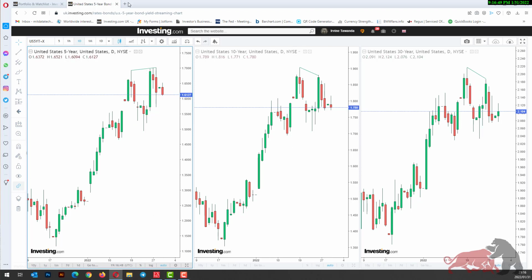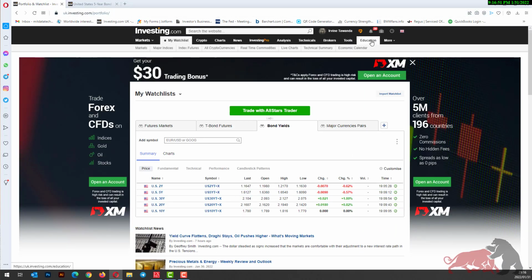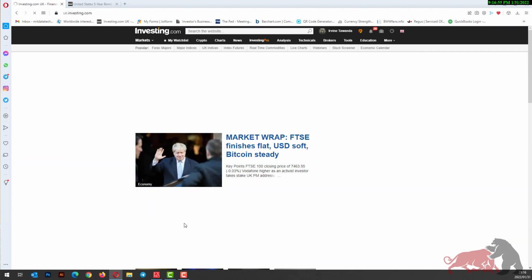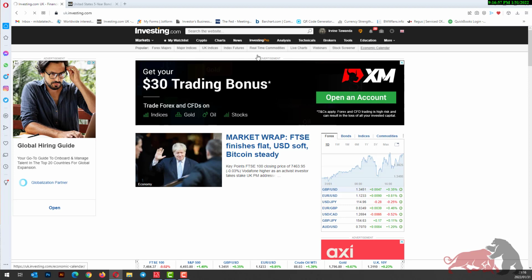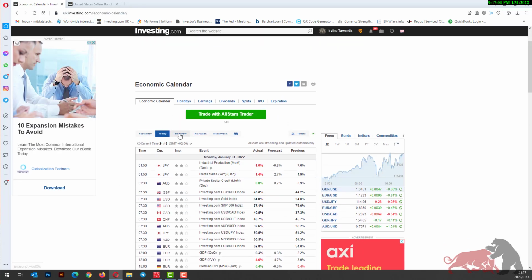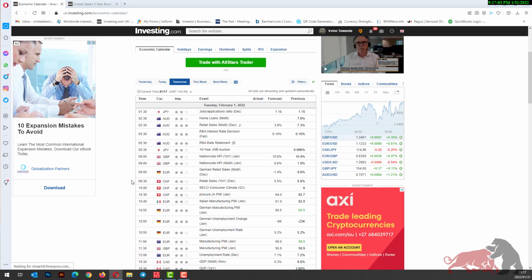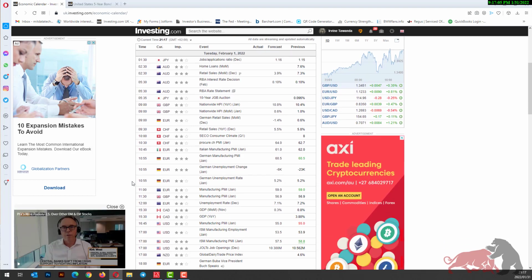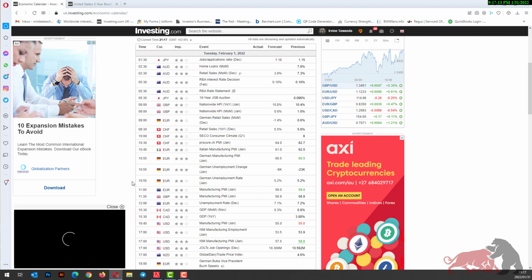probably up until, let me see, let's go to the calendar quickly. I'm just going to switch to the calendar so that we can see what can affect the market as from tomorrow. So early tomorrow we've got the RBA rates decision, and that's specifically going to affect AUD pairs.